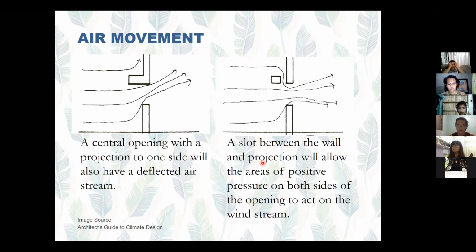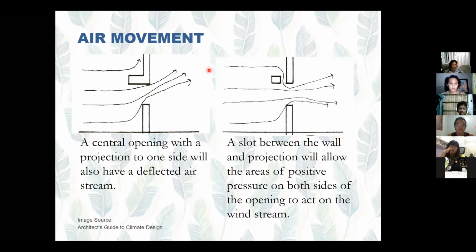Next is, what if you have a central opening but with a projection? Okay? This one is in a section view. If you have a central opening with a projection, which is common in housing, with a ledge as protection from rain so water does not enter, what happens is the air gets deflected upward.